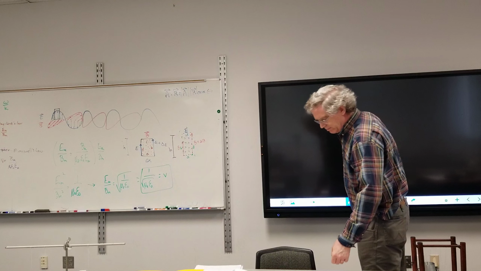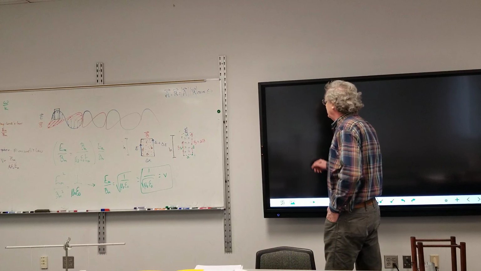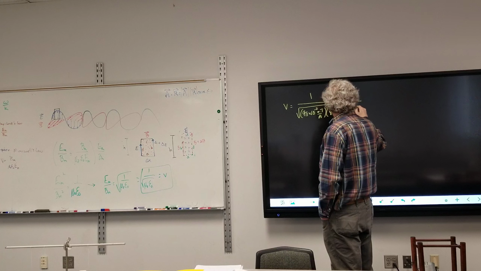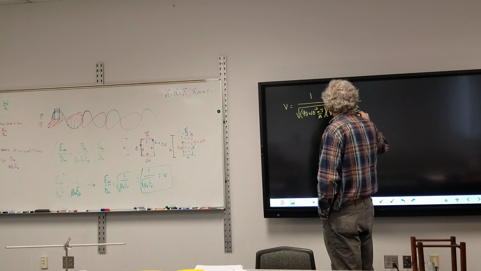Let's pull out the calculators. Mu sub naught is 4 pi times 10 to the negative 7 meter tesla per ampere, times epsilon sub naught, which is 8.85 times 10 to the negative 12 coulomb squared over newton meters squared.